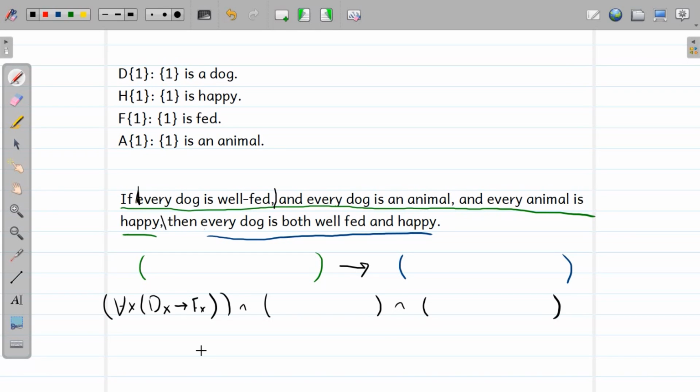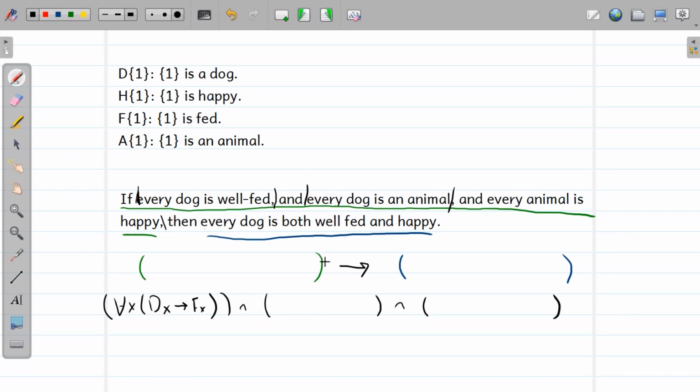They all have to be true for the whole sentence to be true, so it doesn't matter where the brackets go. If I'm writing anything out for myself, I put the brackets in because it helps me visually put it together into its parts. But logically speaking, this is okay. It's informal, but it's okay. We're not fancy here. Okay. All right, so there's that chunk. Now we've got every dog is an animal.